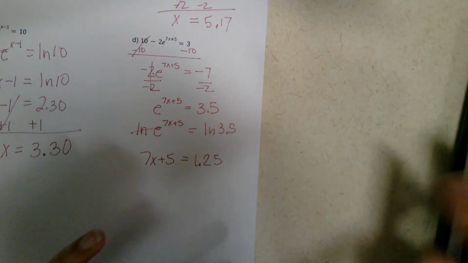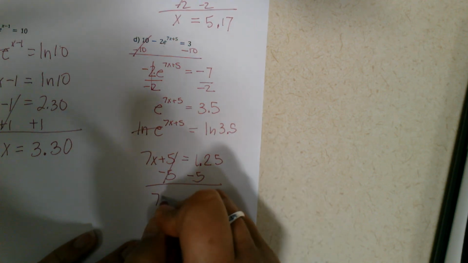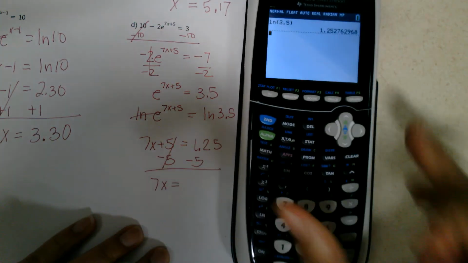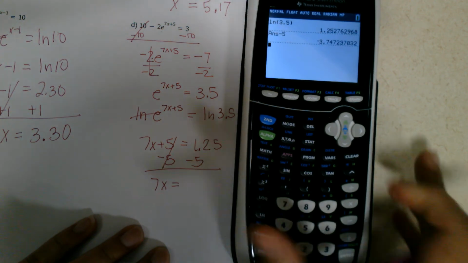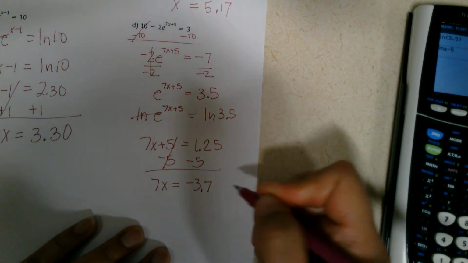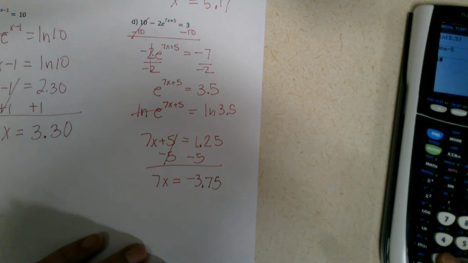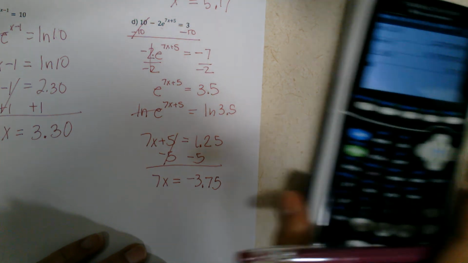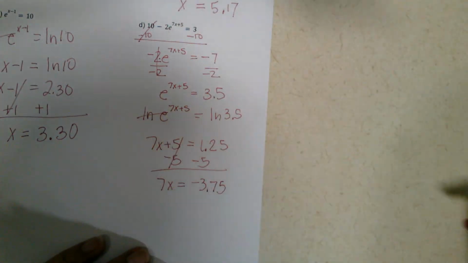So you're just undoing. Subtract 5 from both sides. 7x equals, subtract 5, negative 3.74. Actually, it would be negative 3.75, just because we rounded. 1.25 minus 5 would be negative 3.75, so we can keep negative 3.75.